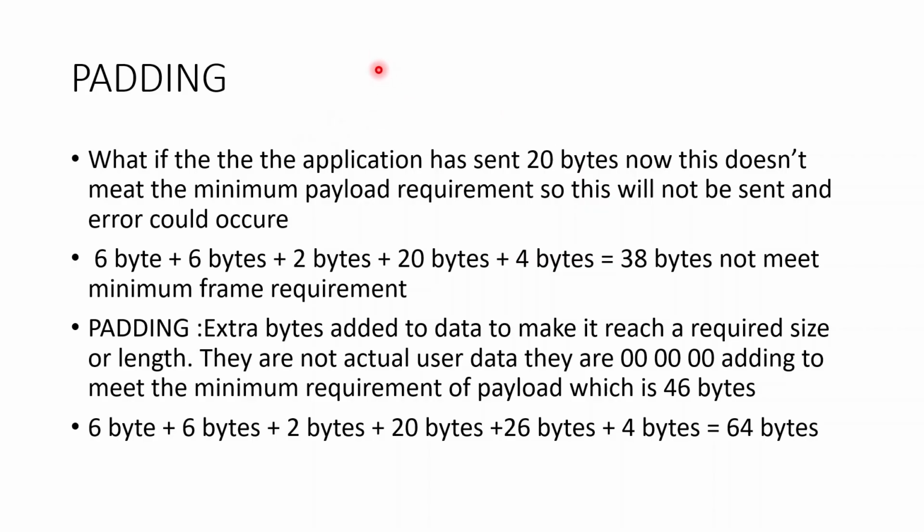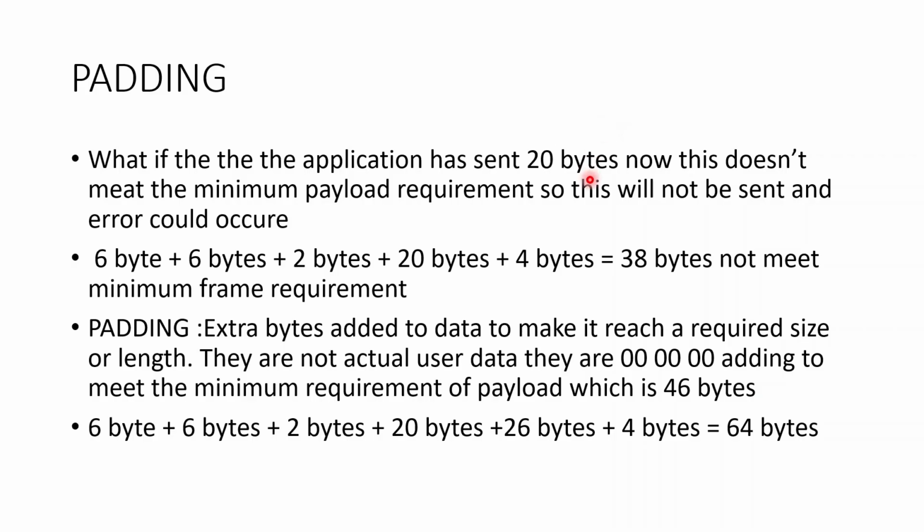The payload has a minimum requirement of 46 bytes and a maximum requirement of 1500 bytes. Now, for this instance, our application tried to generate data which is 20 bytes long. The 20 bytes does not meet the minimum payload size, which is 46 bytes.